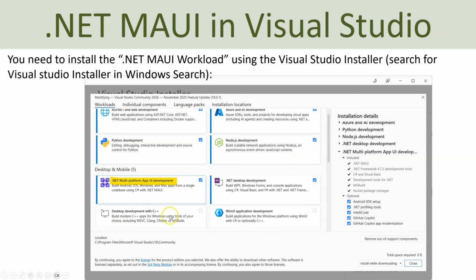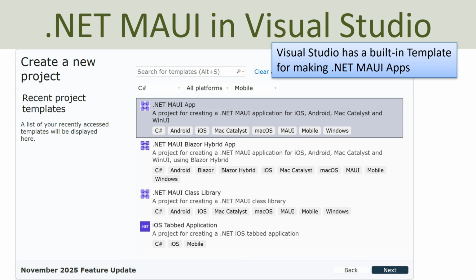When you have installed this .NET MAUI workload, you are ready to start creating your .NET MAUI application in Visual Studio. And then basically just open or start Visual Studio, then create a new project, and then you search for .NET MAUI or select the mobile category here, and then this .NET MAUI App template will pop up.